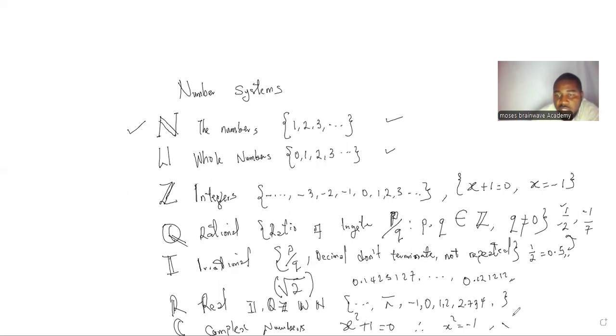Then you end up taking the square root of -1 to get the value of x. So any number of this form, you can only get the solution in the complex plane. And the complex number looks like x + iy, where x is the real part of the complex number, and this part is called the imaginary part.